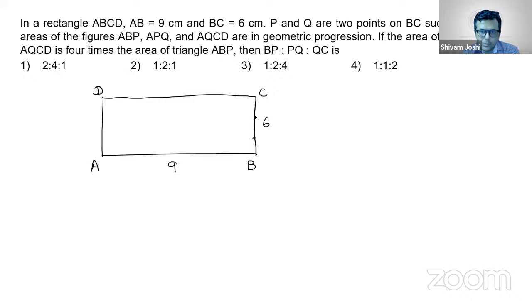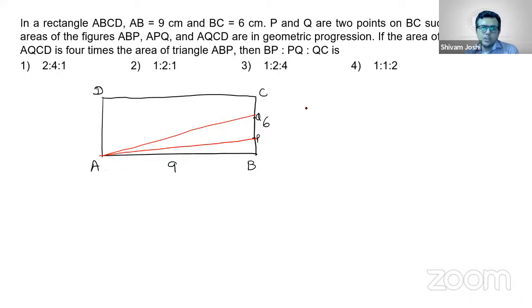So on BC, you have 2 points, P and Q, such that area of ABP, this is your ABP, then APQ, this is APQ, and AQCD are in geometric progression.